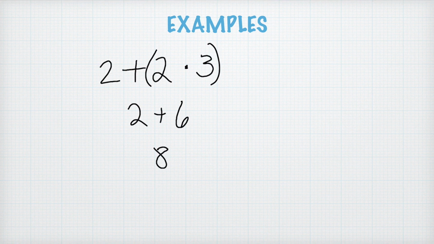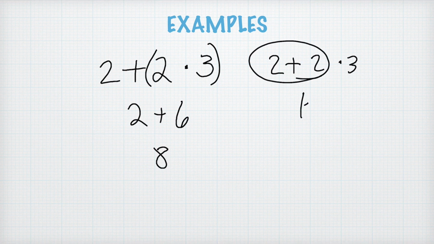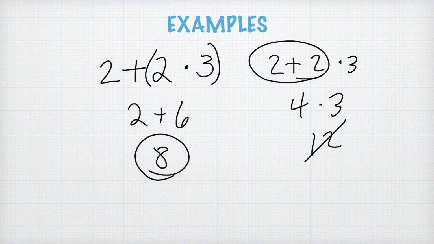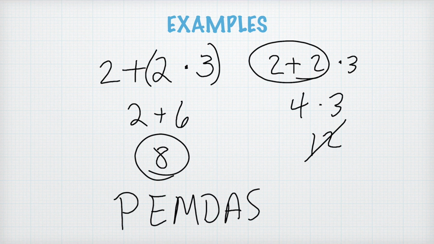If you did it the other way around, if you took these and added them first, 4 times 3, you get 12. And that is not correct. It is 8. Okay? So that is why we make sure that we do things according to PEMDAS. Parentheses, exponents, multiplication, division, add, subtract.